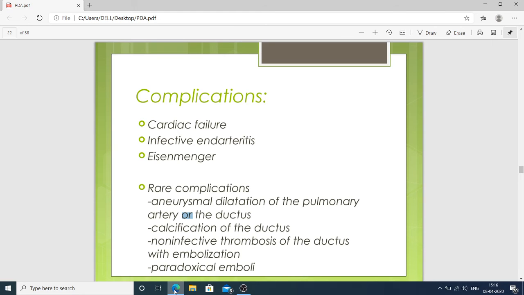Cardiac failure, infective arteritis, Eisenmenger. What do you mean by Eisenmenger?